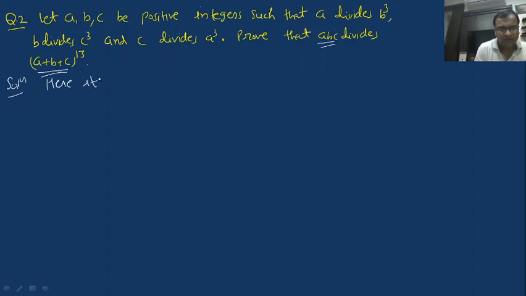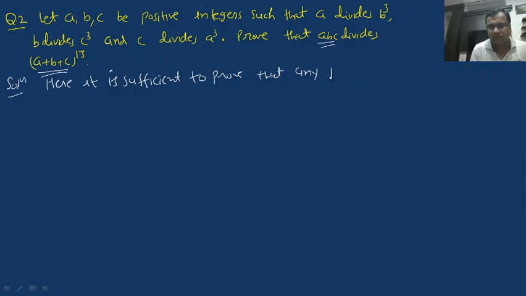Here it is sufficient to prove that any prime divisor of ABC also divides (A + B + C)^13.